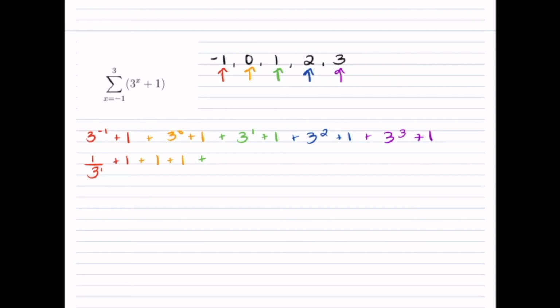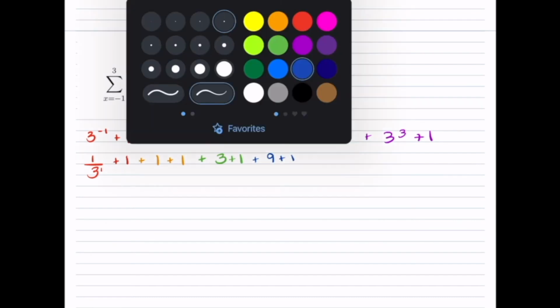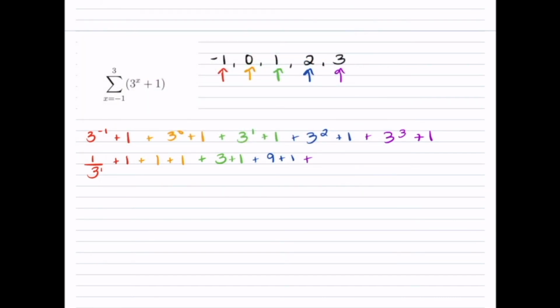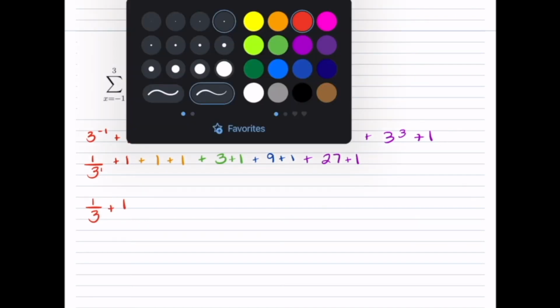Anything to the first value is the base's value, so 3 to the first is 3 plus 1. 3 squared is 9 plus 1, and 3 cubed is 3 times 3 is 9, times 3 is 27 plus 1. And we'll simplify this a little more. I'm going to keep this one like this and just wait to plug it into my calculator.